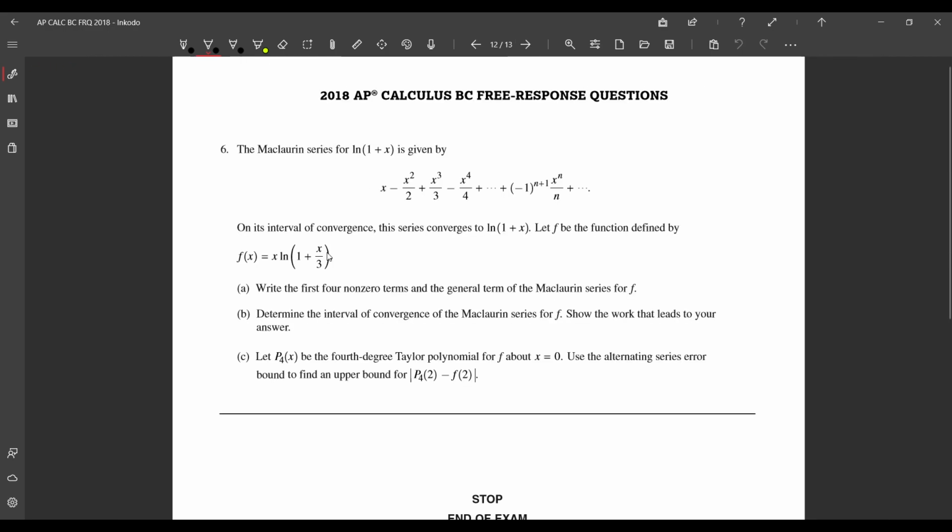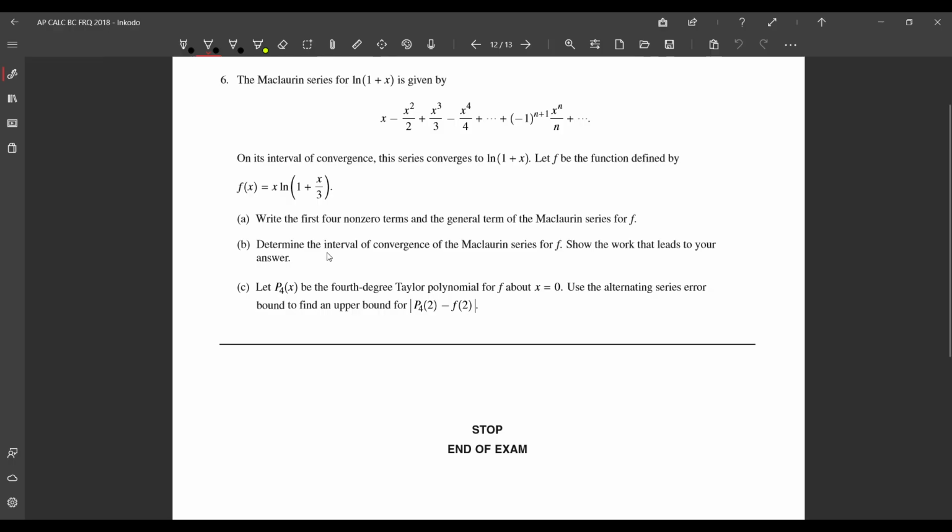All right, last question. So they give us the Maclaurin series for ln of 1 plus x. They ask us to find the first 4 non-zero terms.